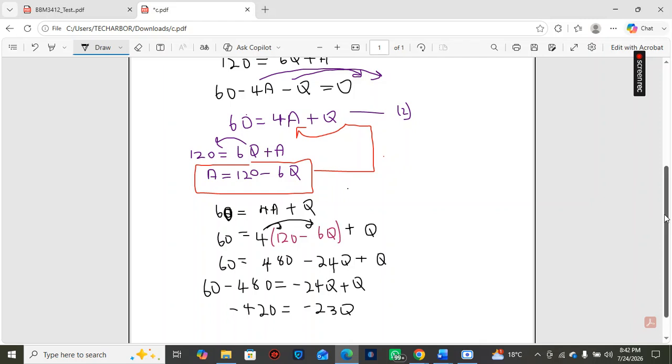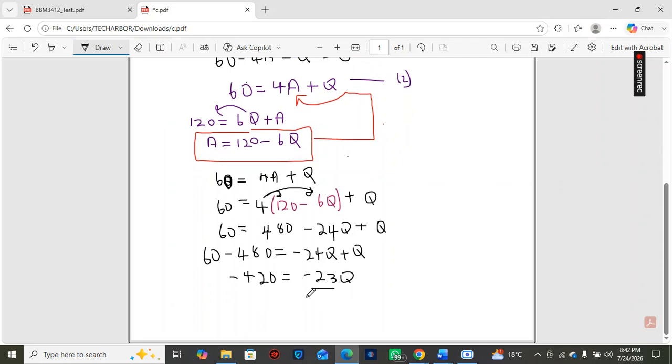So to find the value of Q, divide both sides by negative 23. So 420 divided by 23, I get Q equals 18.26. Any questions, colleagues? That's our value of Q.